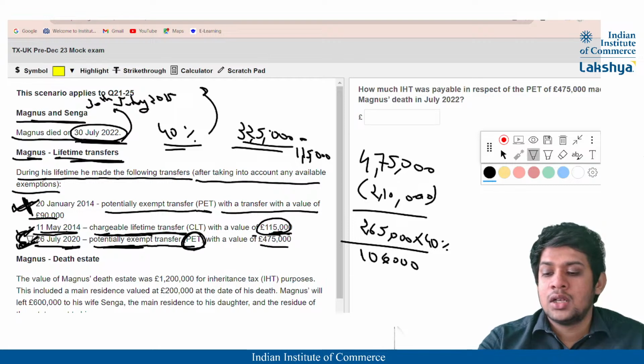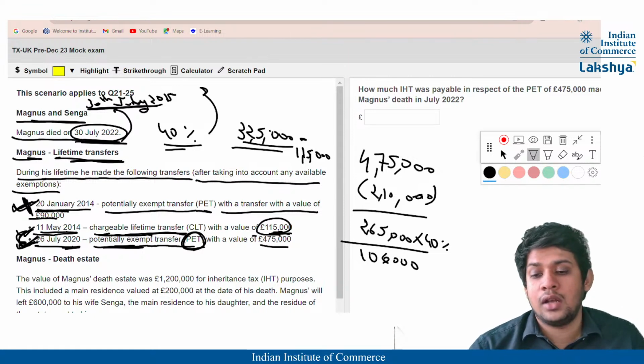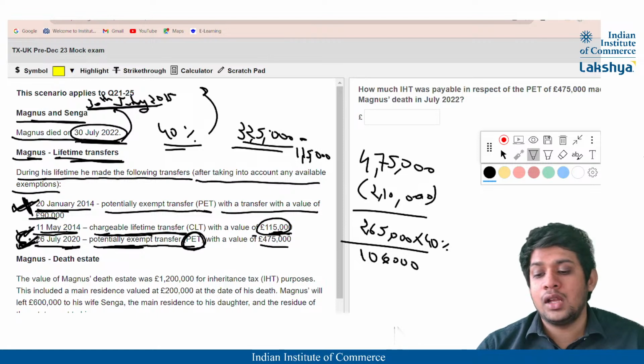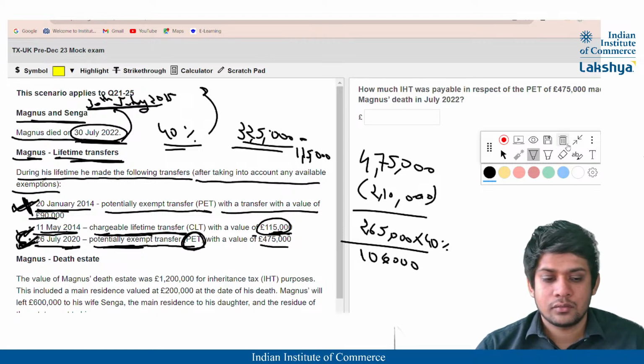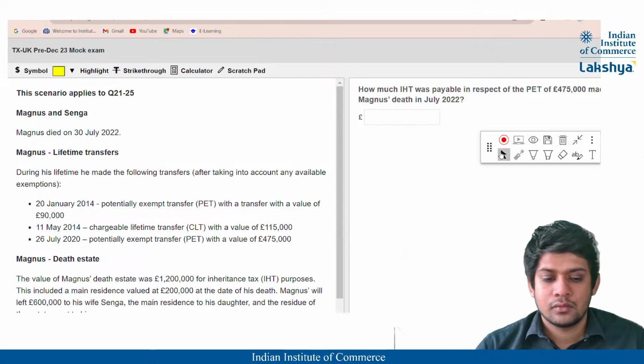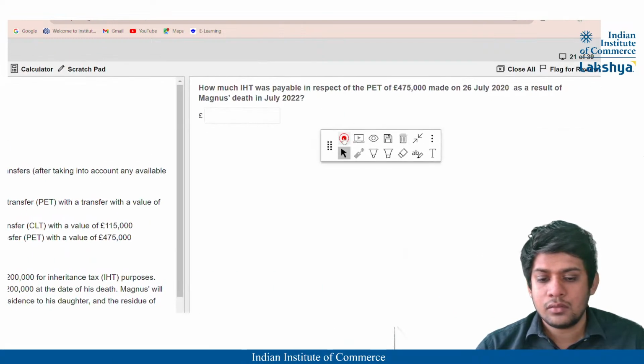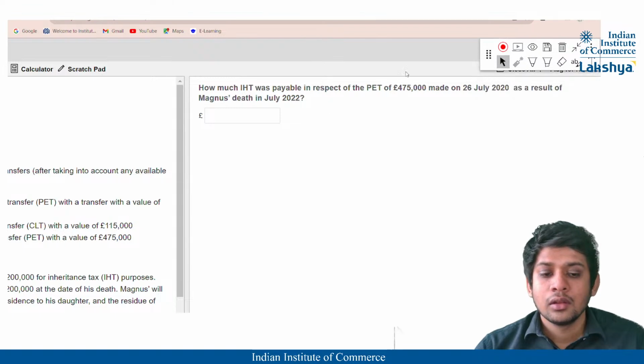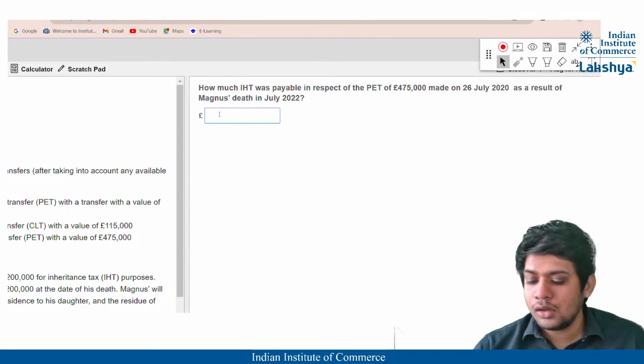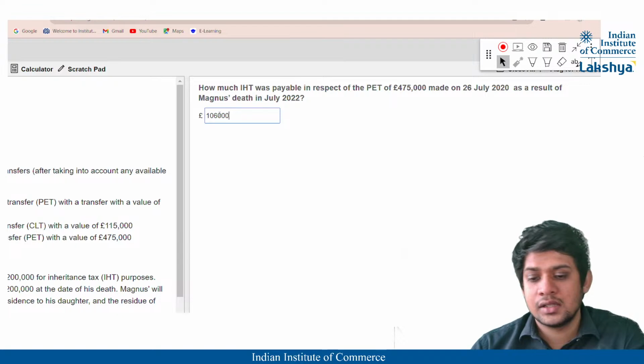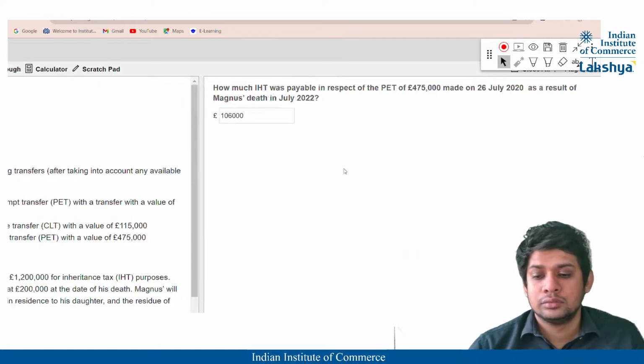On the death, this is older than 7 years. You can only consider from 30th July 2015, and this is 20th January 2014, so technically it will not be considered. So the value will be 1,06,000.